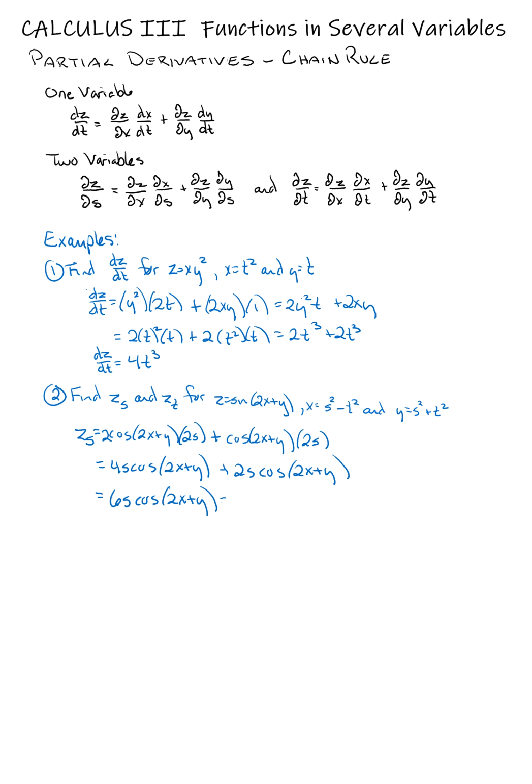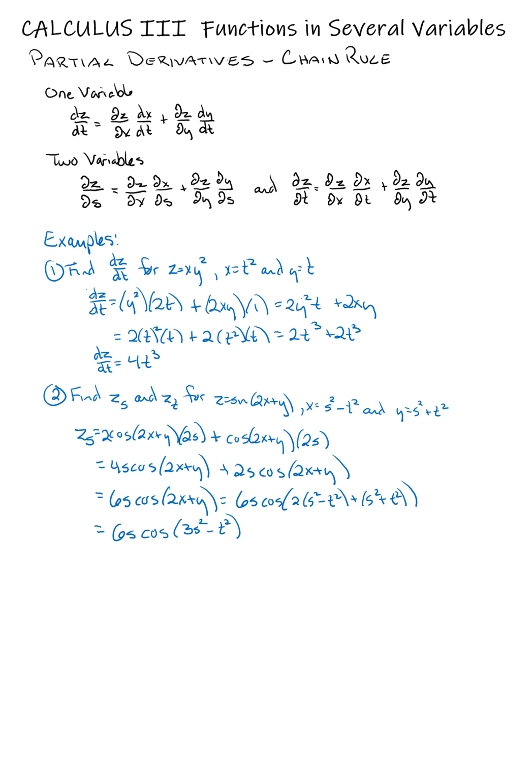So that gives us 6s cosine of 2 times s squared minus t squared plus s squared plus t squared. If we clean all of that up, that gives us 6s times the cosine of 3s squared minus t squared.